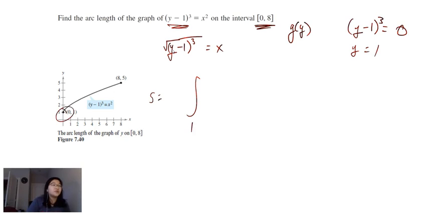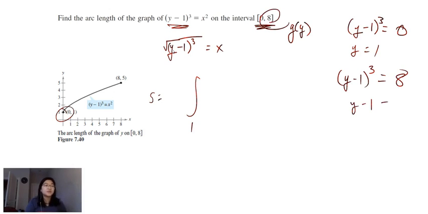So we got a lower bound of 1, and then our y minus 1 cubed equals 8. When does that happen? When y minus 1 is 2, so when y equals 3, no, 8 squared. Oops. So then 8 squared is 4, so this is 4, and this is 5. Okay, so our upper bound is 5.